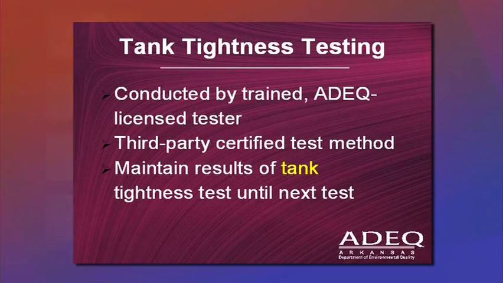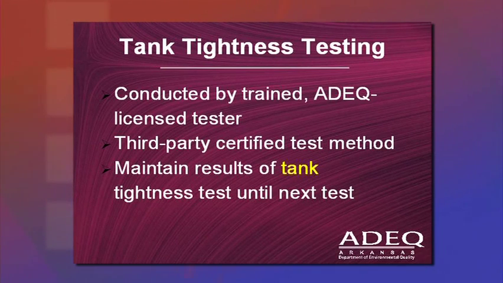Okay, so anytime you see inventory control with tank tightness test, you can only use it for 10 years. In the middle of that 10-year period, you have to do that tank tightness test. If you're doing a tank tightness test and it's not done by your automatic tank gauge, it has to be conducted by trained ADEQ licensed testers.